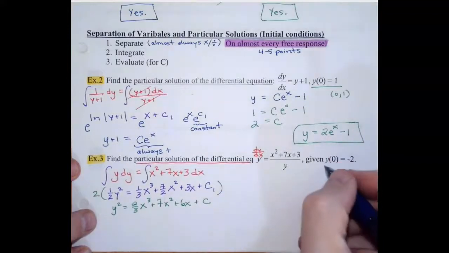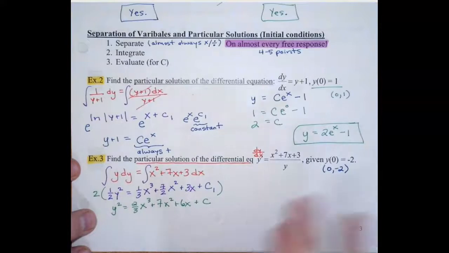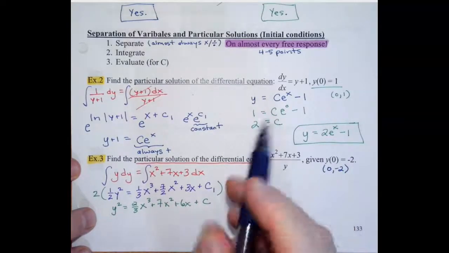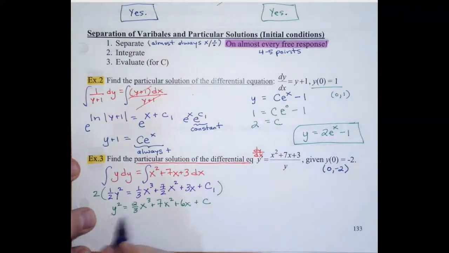So here our initial condition is 0, -2. So we can plug these values in at a variety of different places. It kind of just depends where we feel comfortable. So to me this seems like a good place to plug it in, so I'm going to. Over here I waited till I was closer to the end.